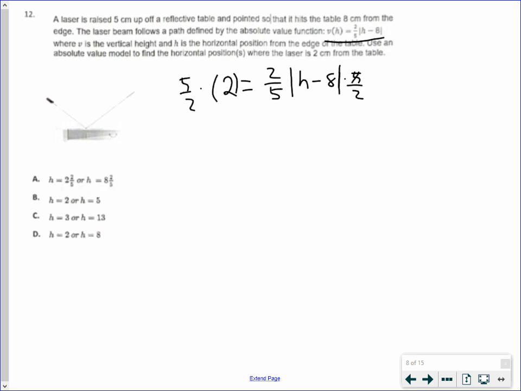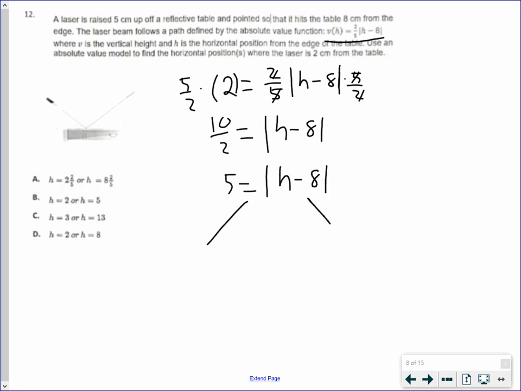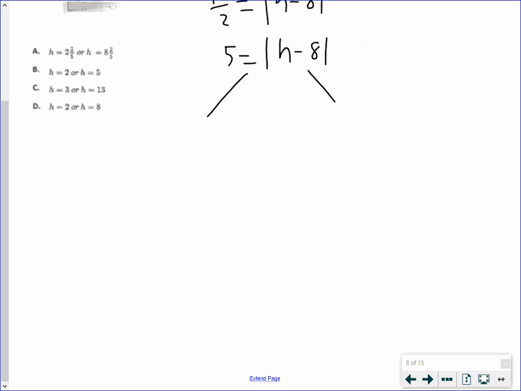So the 5's cancel, the 2's cancel, and here we get 5 times 2, which is 10, divided by 2. That equals the absolute value of h minus 8. 10/2 is just 5. 5 equals the absolute value of h minus 8. We have 2 scenarios, when h minus 8 is positive and when it's negative. So we have 5 equals positive h minus 8, and 5 equals negative h minus 8.